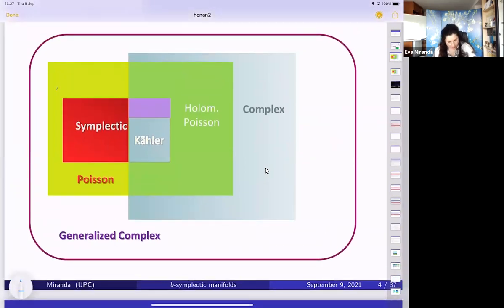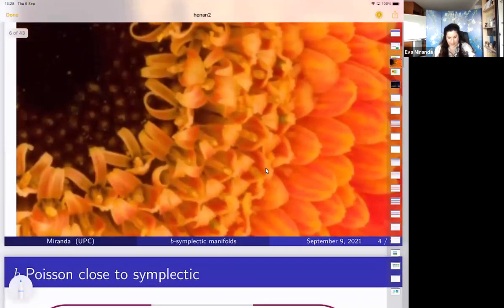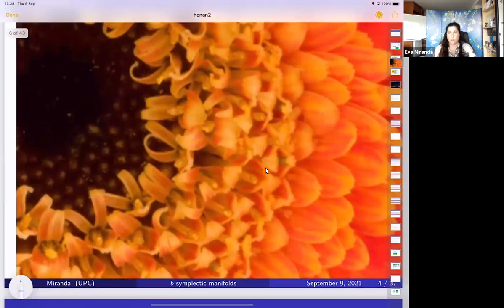Okay, so the geometries involved: where are we? We are here, somewhere between symplectic and Poisson, but we could try to go in many directions. As Raju was asking on Tuesday, we could try to go to generalized complex. We could try, as he suggested, to work out this generalized complex version. This was a very interesting question. And as I say, today we have to zoom in and zoom out.